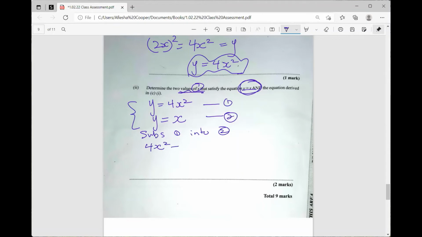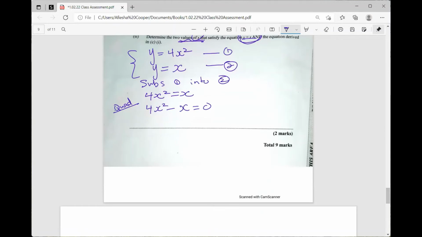4x squared is equal to x. And then we say 4x squared minus x is equal to 0, put it in a quadratic form. What do we do next now? We don't need to solve it like a quadratic equation, but I need you all to tell me how to go about solving this. 4x squared minus x is equal to 0.